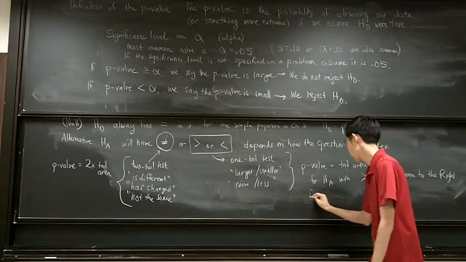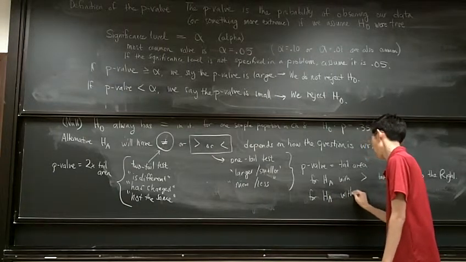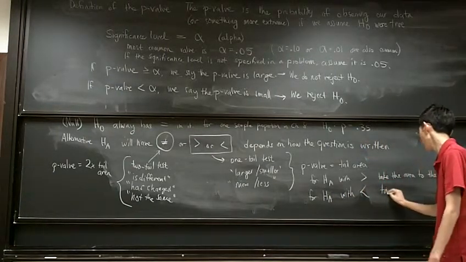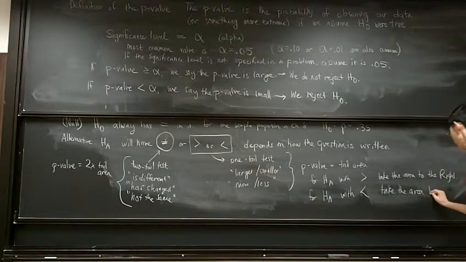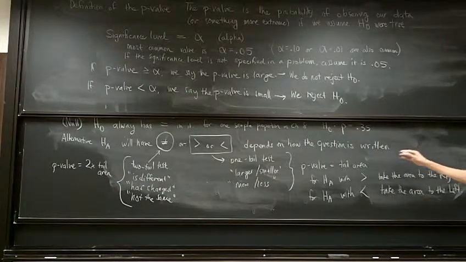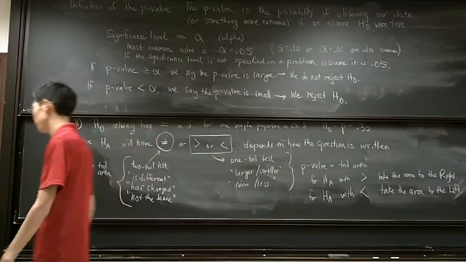And for HA with less than, take the area to the left. Generally, that means the p-value will be equal to the tail area. But there's a chance that you get a problem with the wrong direction.